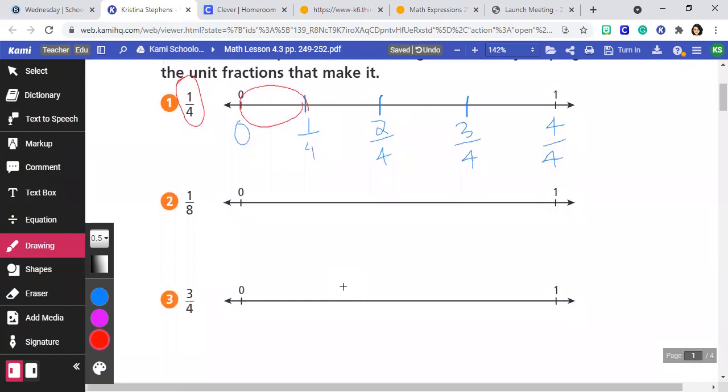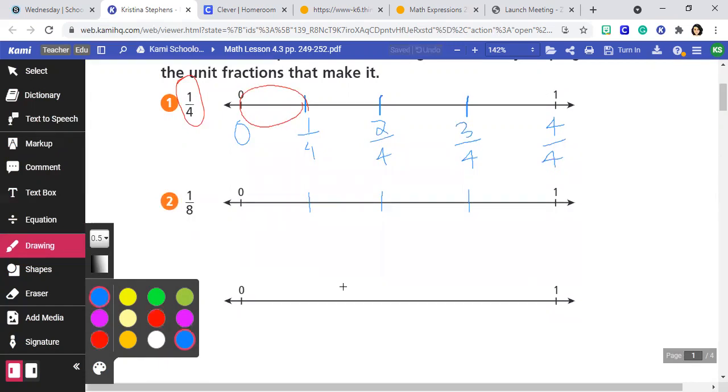Number 2, look at the denominator. We have a denominator of 8, which means we need 8 equal sections in between 0 and 1. So I'm going to do that. All right. Step 2, label each point.